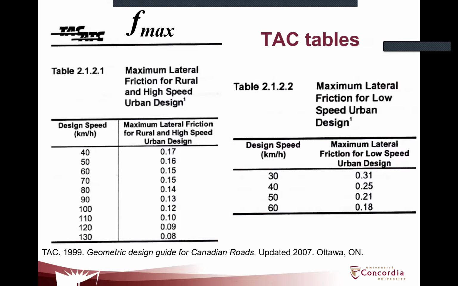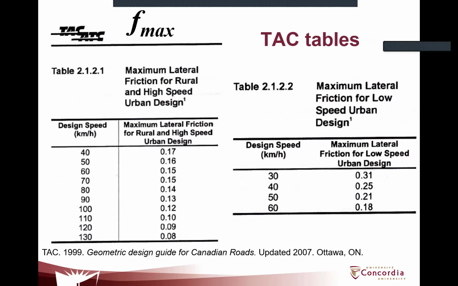So from TAC, the maximum friction that you can assume depends on the speed. As you increase the speed, the maximum lateral friction drops. When you are driving at 40 kilometers per hour, your lateral friction coefficient can be 0.17. As you go up and reach 100, from 0.17 you drop to 0.12.